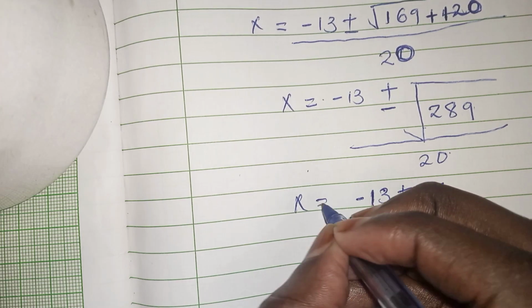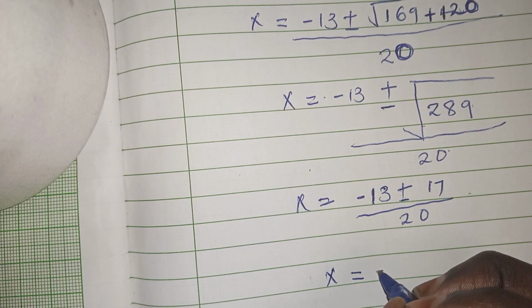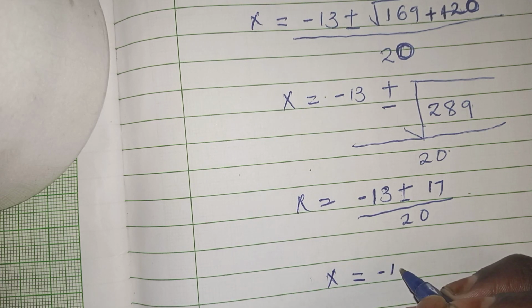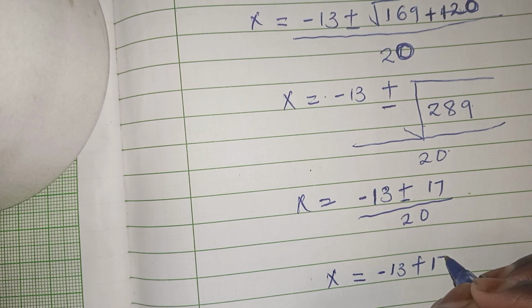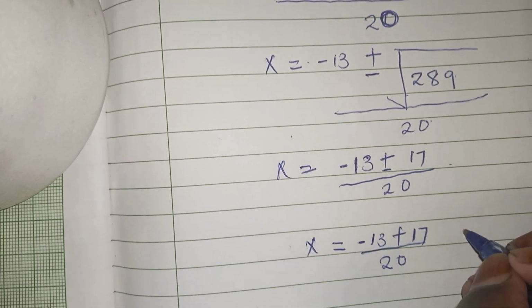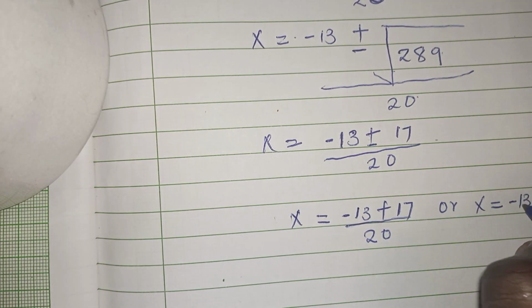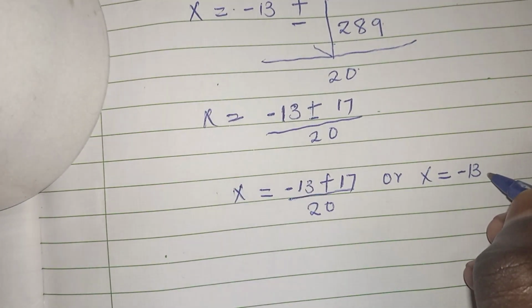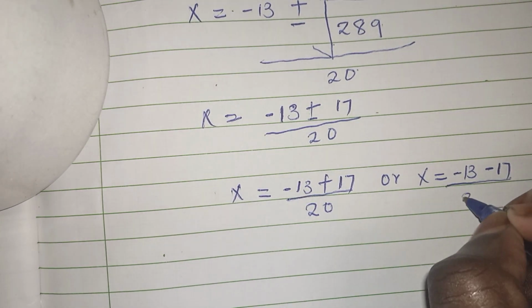So x is equal to negative 13 plus 17 over 20, or x is equal to negative 13 minus 17 over 20.